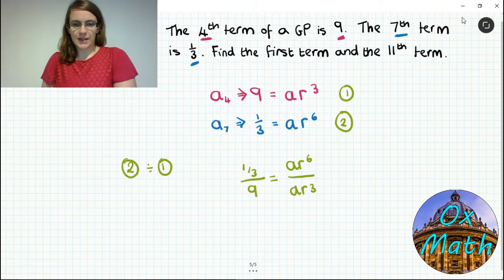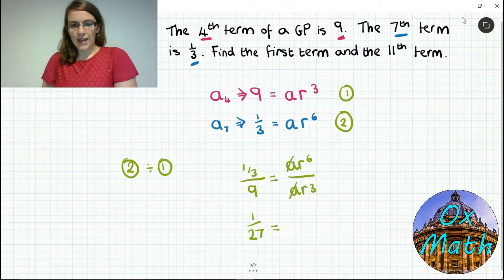If we simplify that down, a third divided by 9 is 1 over 27. Either do it in your calculator or have a look at my fractions video if you don't know how to do that. And then ar to the power 6 divided by ar cubed. Well, this a on the bottom cancels out the a on the top.